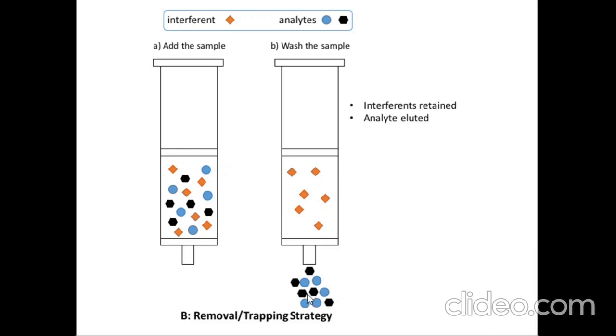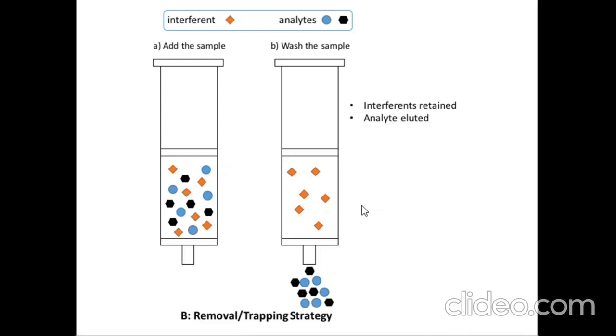So here the analytes have no role to play, or they cannot bind to the sorbents. It is only the interferents that bind, and at the same time you are eluting the analytes. The analyte is coming out of the cartridge. So this is removal of interferents, or the trapping the interference strategy.